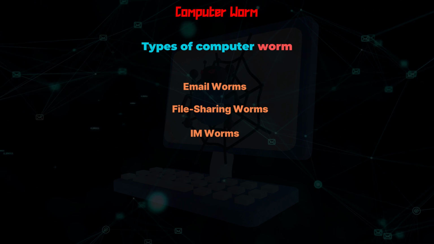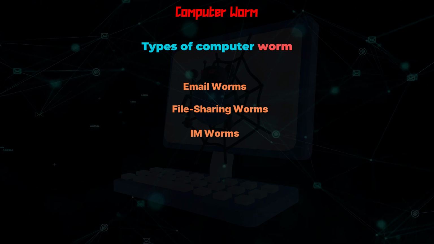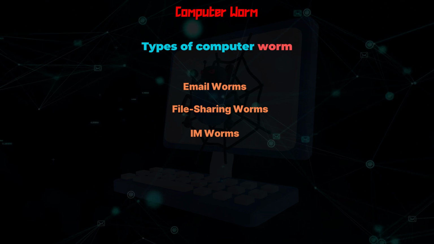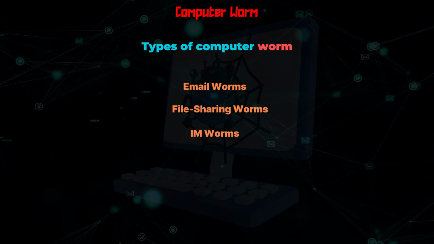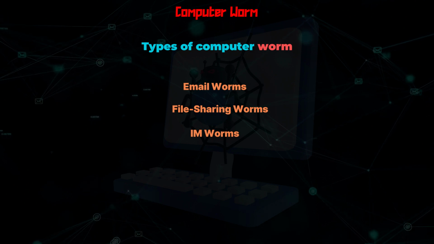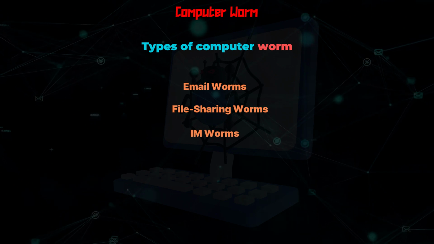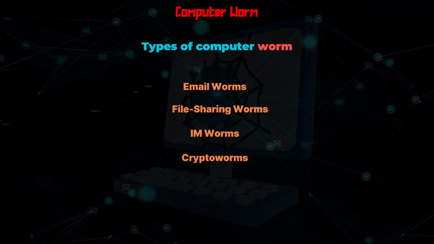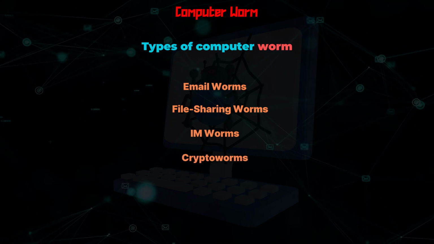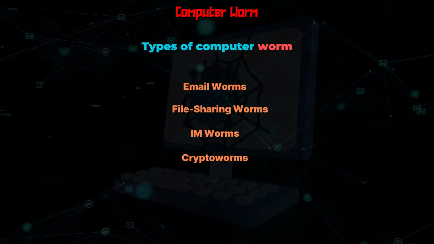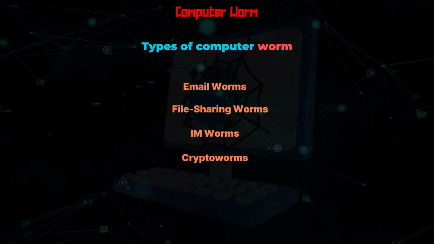IM worms. IM worms masquerade as attachments and links on social media platforms, and they frequently include content that baits the victim to click on the URL. Once it's executed, the IM worm can spread through an instant messaging network. Cryptoworms. A cryptoworm is a worm attack that encrypts data on the victim's system and then demands a ransom payment to regain access to the data.